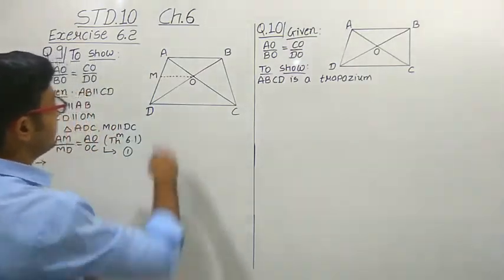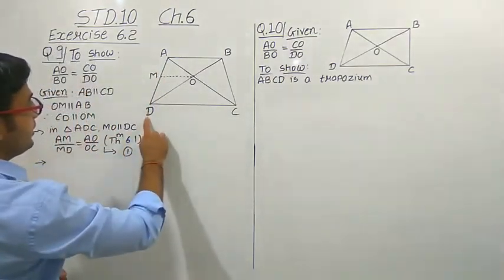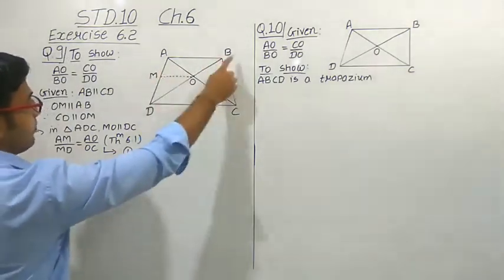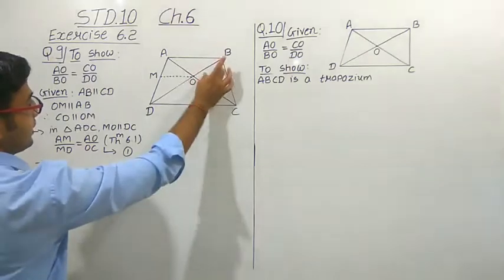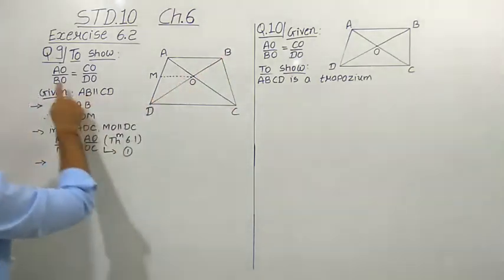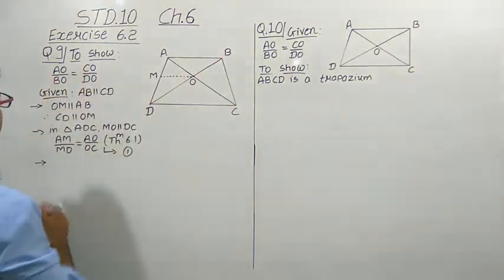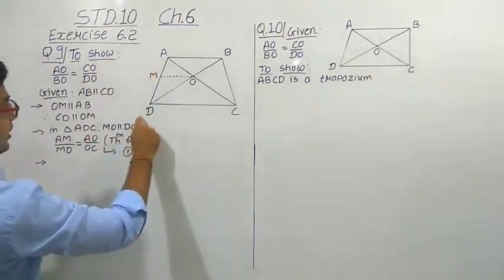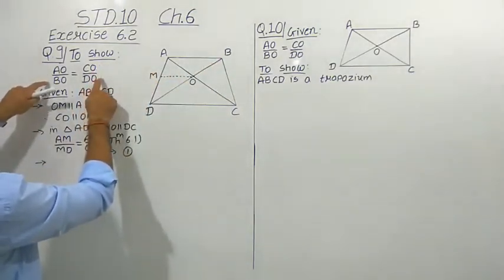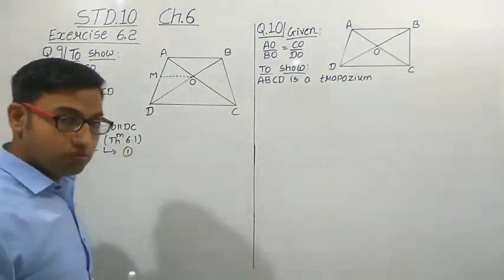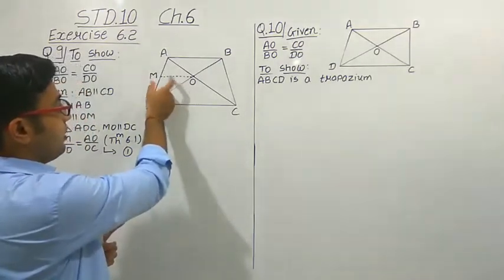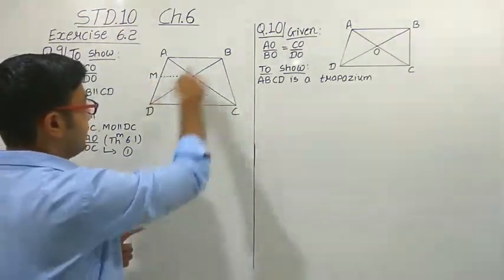If we consider triangle DAB, the two sides we get are OB and OD. Then by comparing, we can find the answer. That is why there is no need to draw the line from this side to this side.